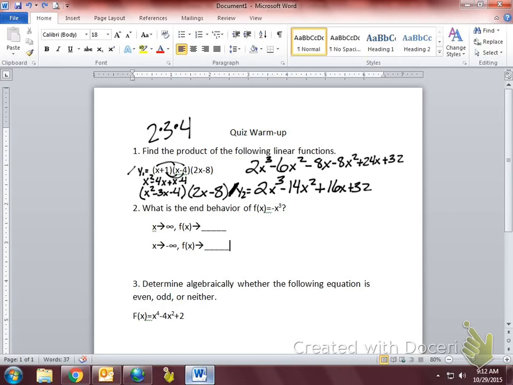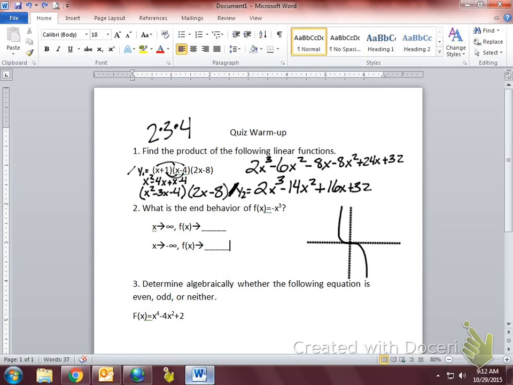So the graph of negative x cubed is going to look similar to this. Okay. And again, this is just the way I look at it, this is a complicated way to say something that is obvious on there.